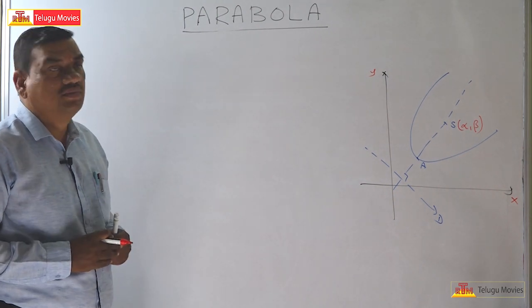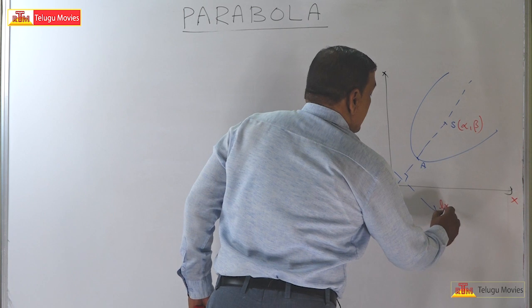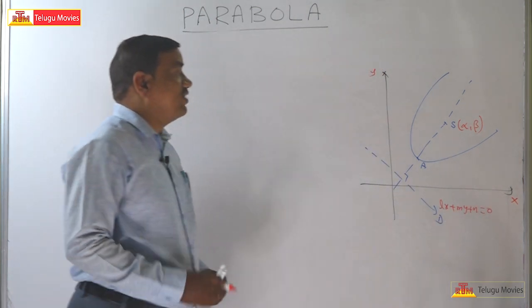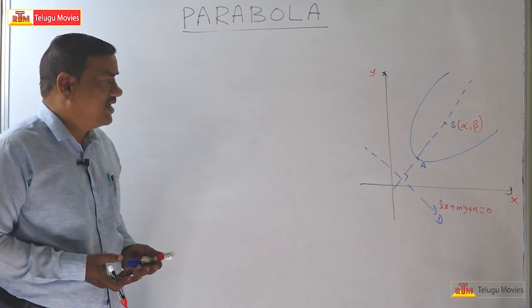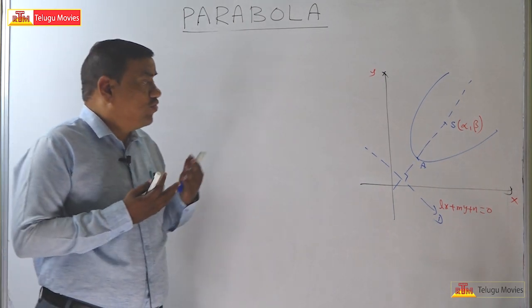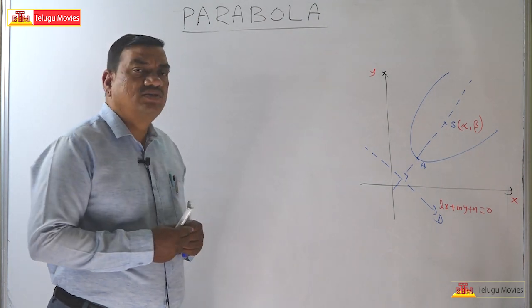Let the equation of the directrix be Lx plus My plus N is equal to 0, or you can also take it as Ax plus By plus C is equal to 0.